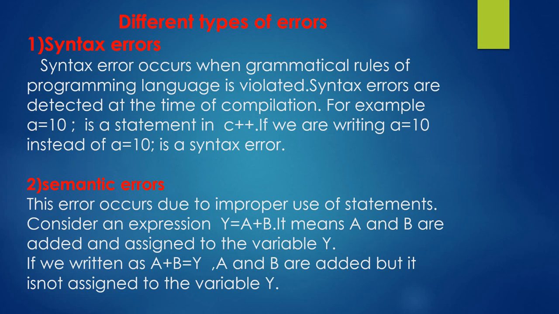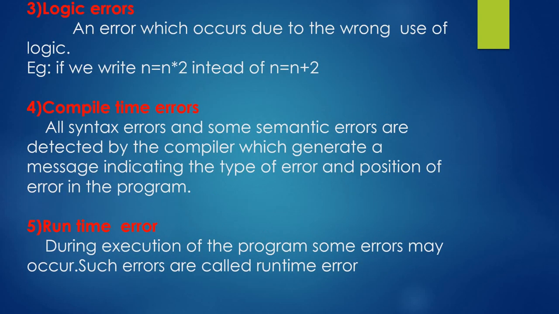For example, if you write a plus b is equal to y instead of y is equal to a plus b, that is a semantic error. Logic error means improper or wrong use of logic. Compile time errors occur at the time of compilation. Runtime errors occur at the time of execution. These are the different types of errors.